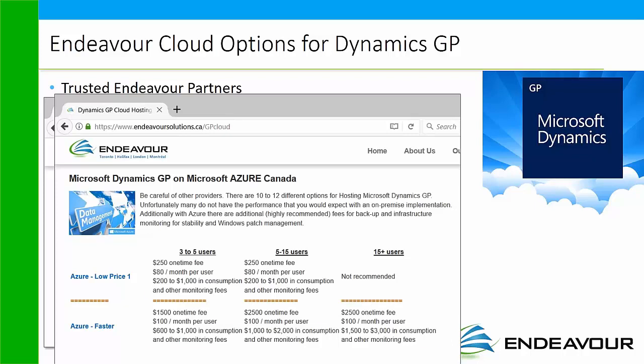One of the key things about Azure is the consumption fees. The consumption fees can range quite a bit, and we've seen out in the market that there are other Dynamics GP partners and other cloud providers touting the value of Microsoft Azure as a low-cost, easy, quick-to-set-up option.